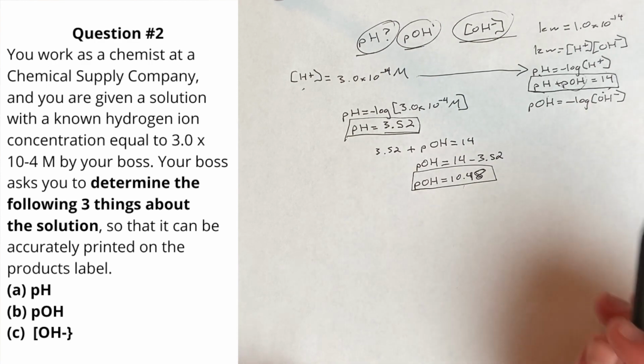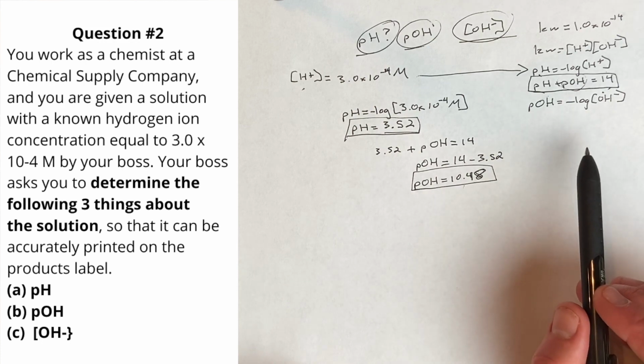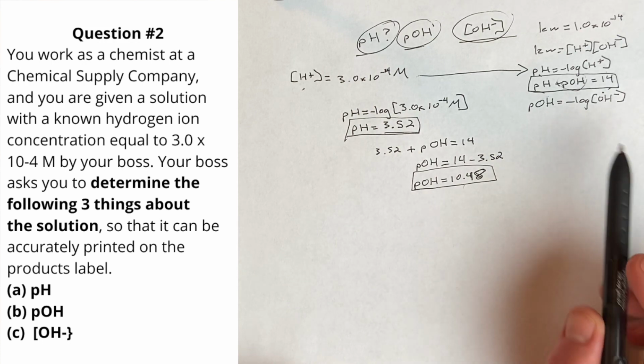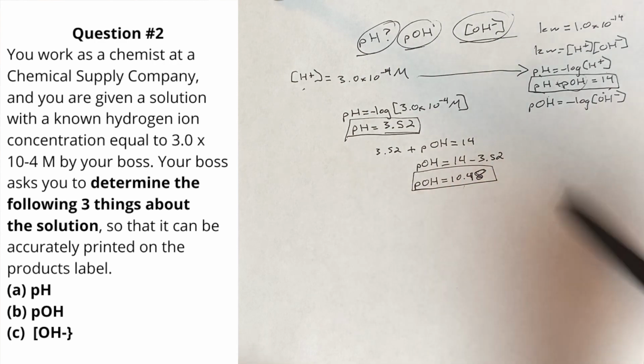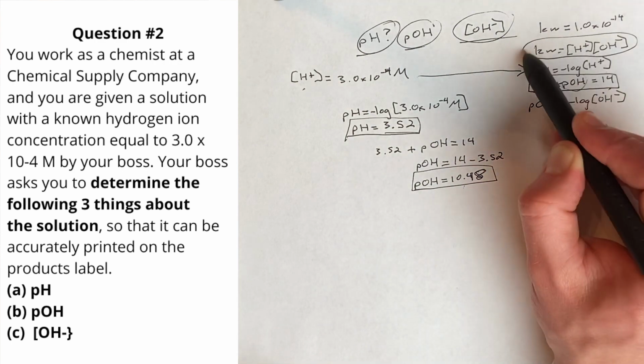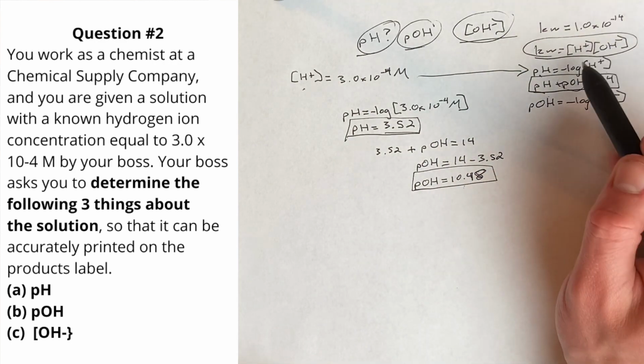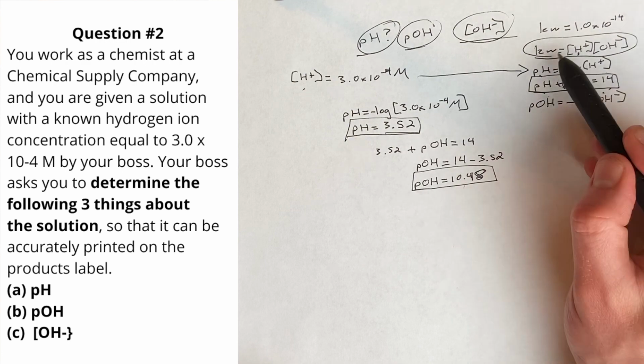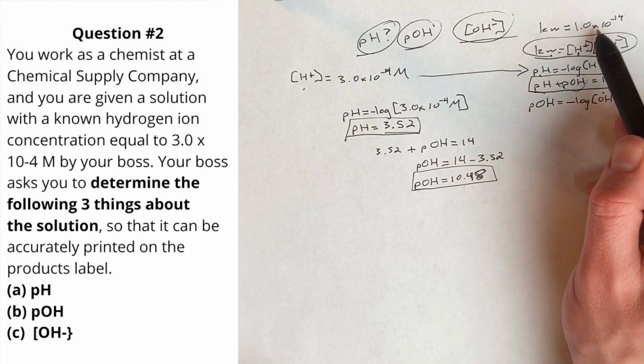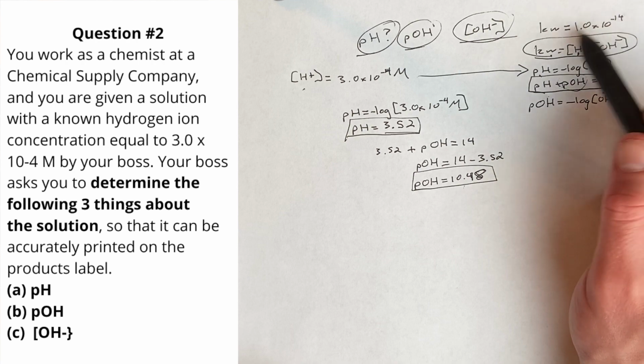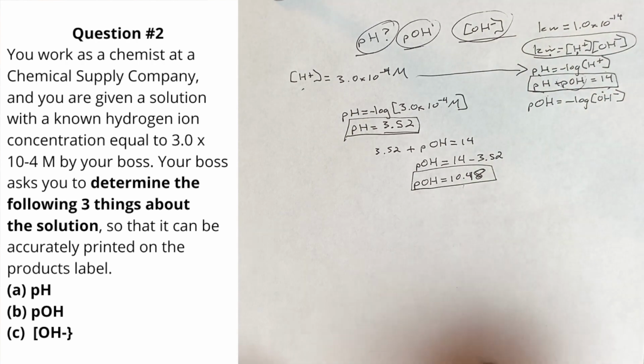Way harder than it needs to be. The easy way to solve for this question, because we're looking for the hydroxide ion concentration, is to use this equation right here, because we know H plus, it was given in the original question. Kw is a constant, the self-ionization or auto-ionization of water. We know that, solve for that.